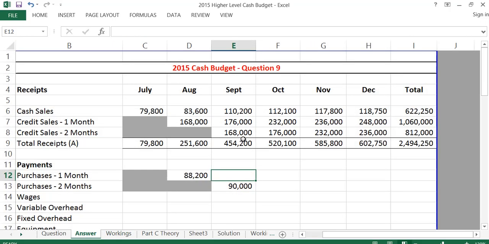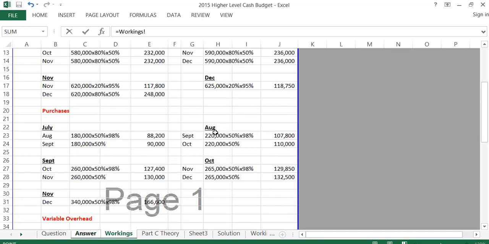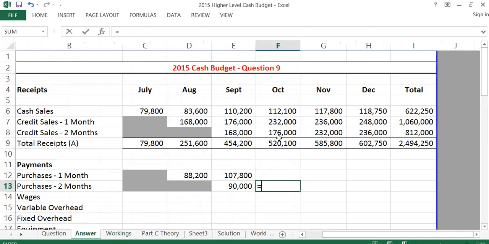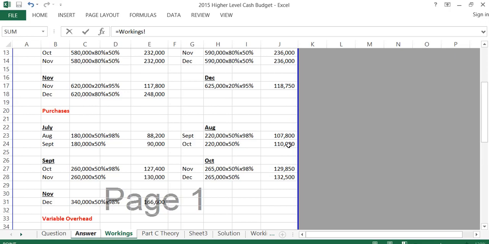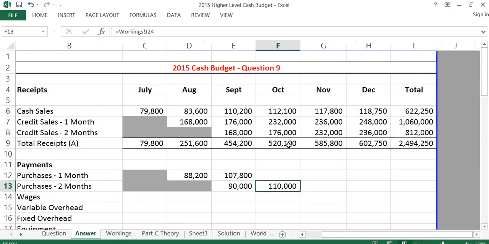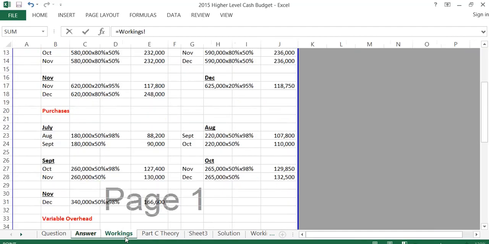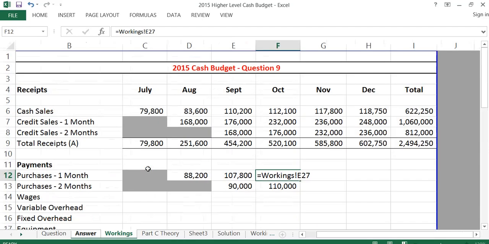August's I'm going to pay in September and October. Then September's I'm going to pay in October and November.